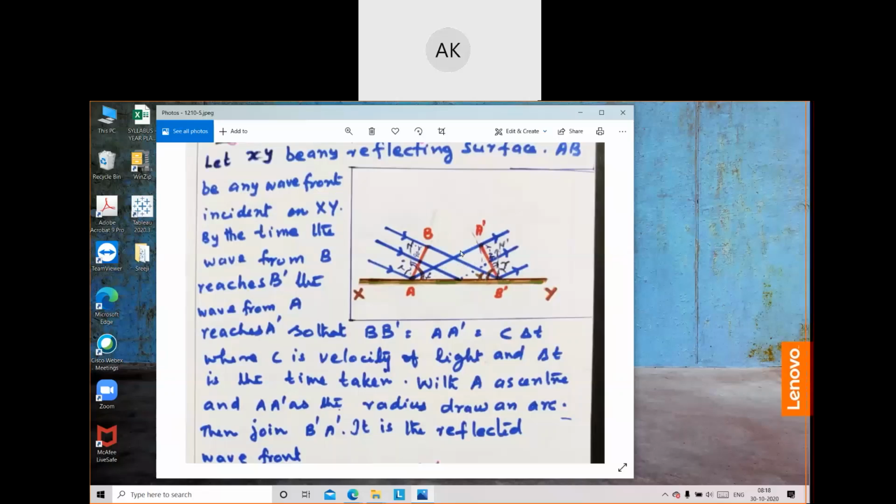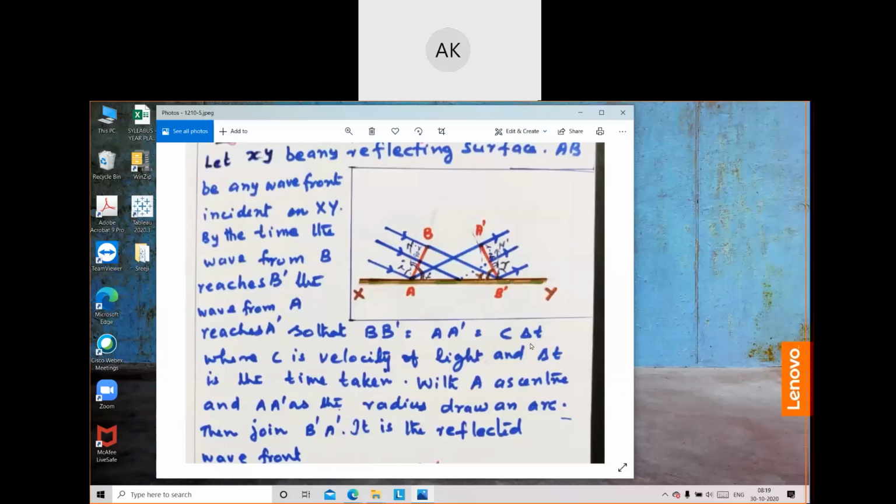So by the time B reaches B dash, the reflected wave from A reaches a distance A dash, so that A dash is equal to B dash. Both will cover the same distance in the same time. So we can take B dash equal to A dash equal to c into delta t.